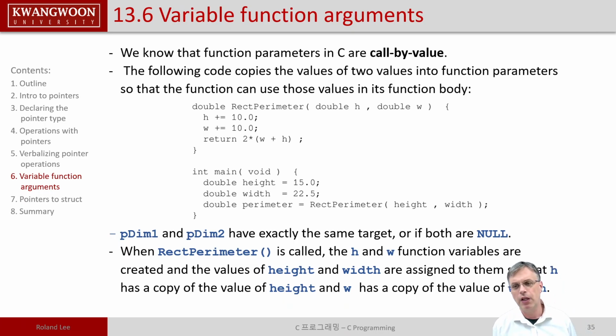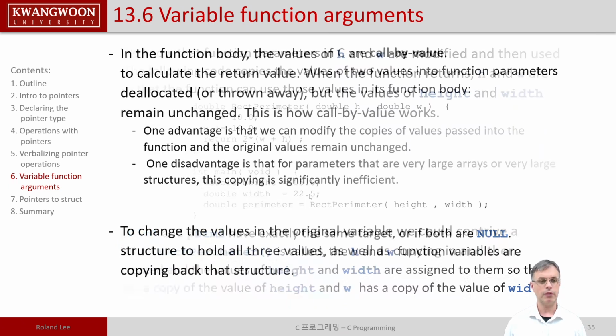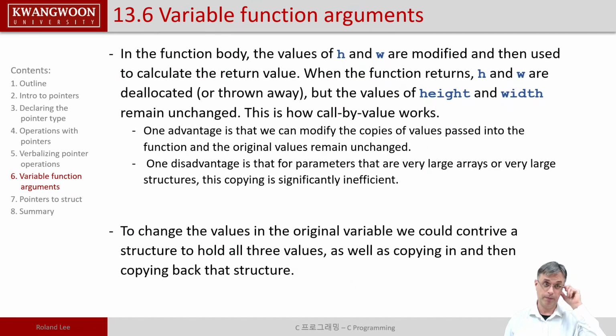But what if we wanted to change the values in the original variables? We could contrive a structure to hold all three values, as well as copying them in and then copying them back to that structure.